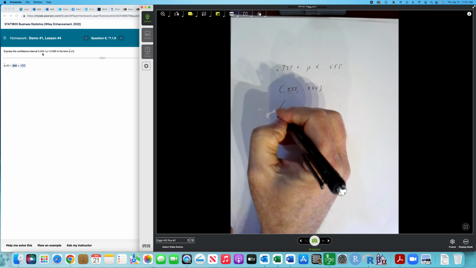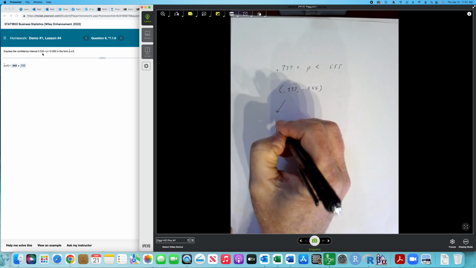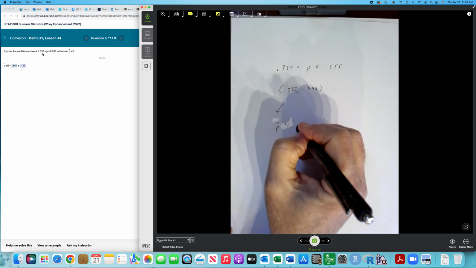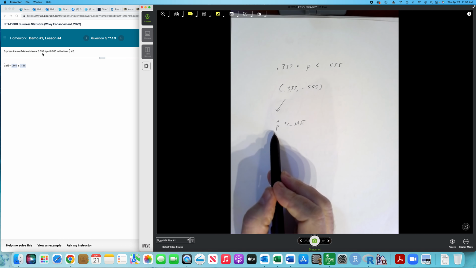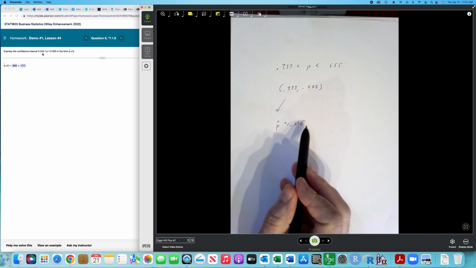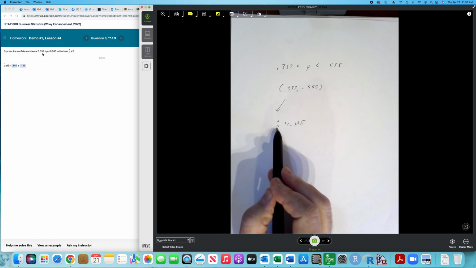As I explained earlier, we can also write this as our estimate from our sample plus or minus our margin of error. So how can I find p hat?